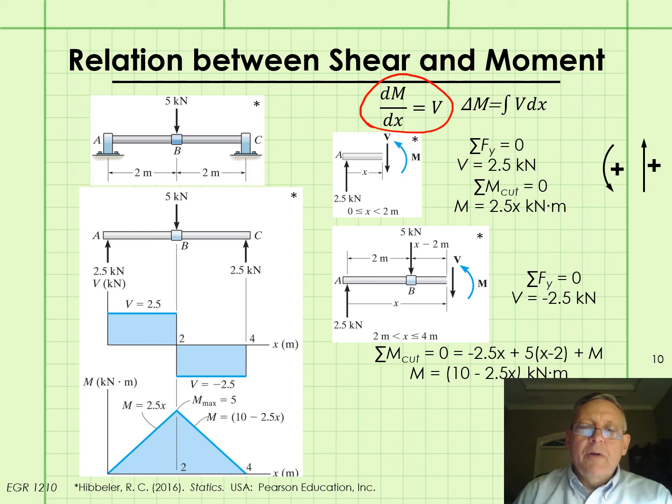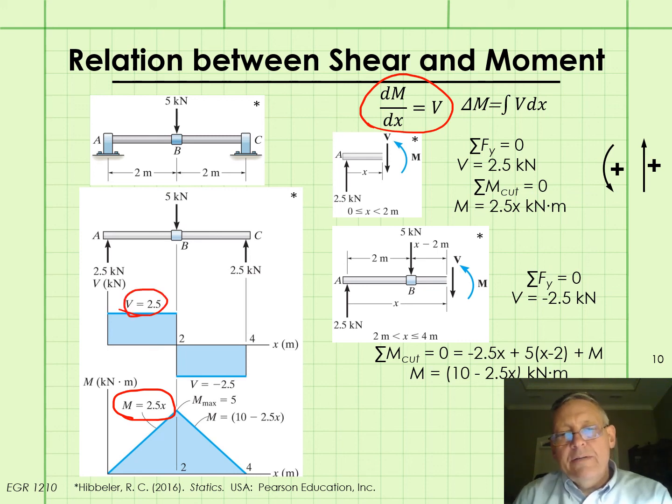So we look at our moment curve here for the first segment of the beam, and it has a slope of 2.5, and it's a constant slope, it's a straight line. And we look up at our shear curve, and shear is a constant 2.5.